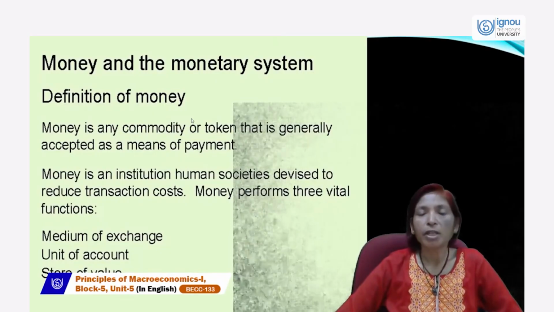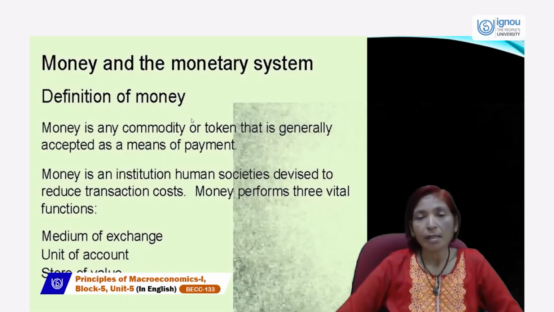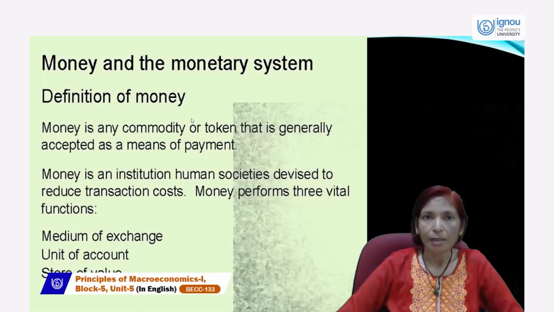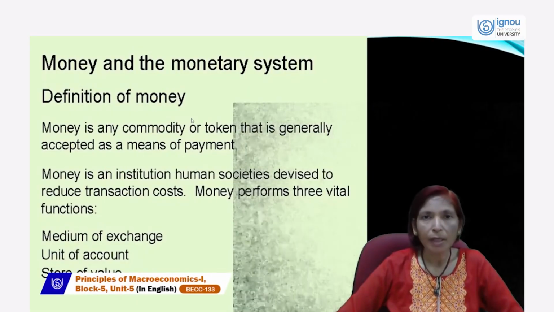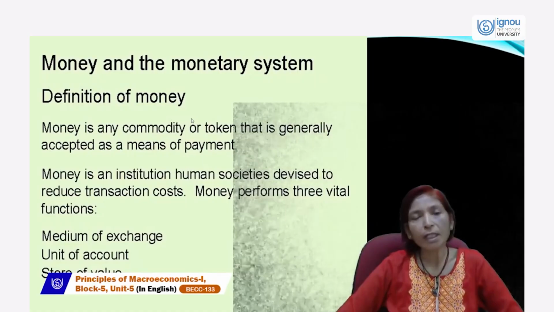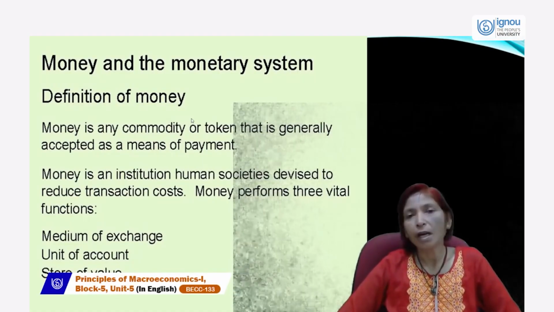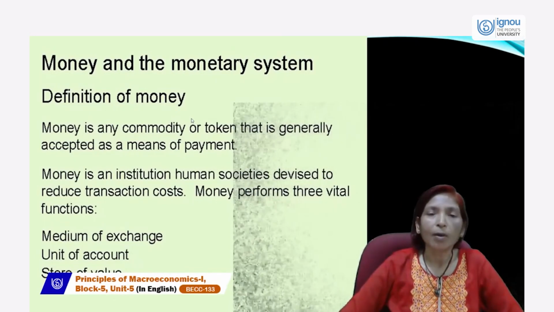Cloth is measured in meters. So each and everything has some specific unit to measure it. Same as that, money plays a very important role as a measuring unit of each and every commodity produced in our country. So it's a unit of account.